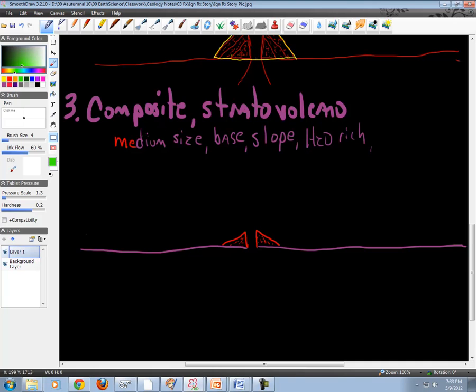Then we move over to silica poor flow. Has a little bit more slope, so it can travel a little farther. May not be as thick at the top either, but it travels farther. And then we can flip back to another one of these.